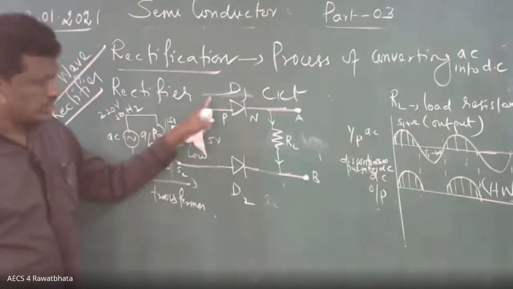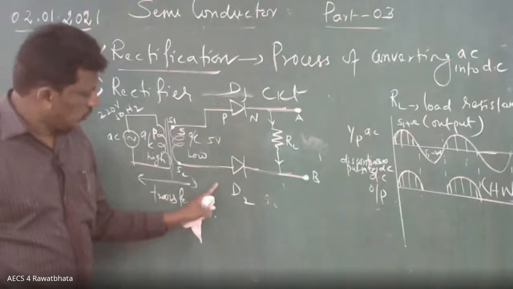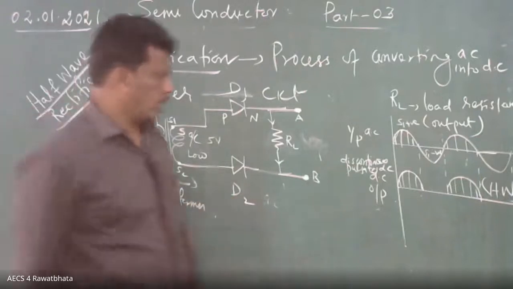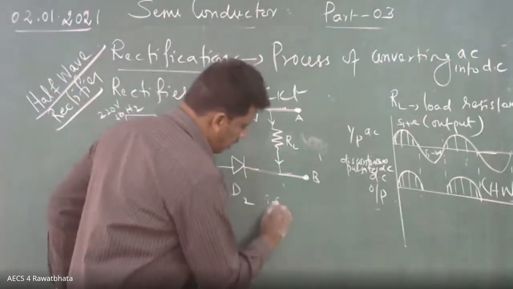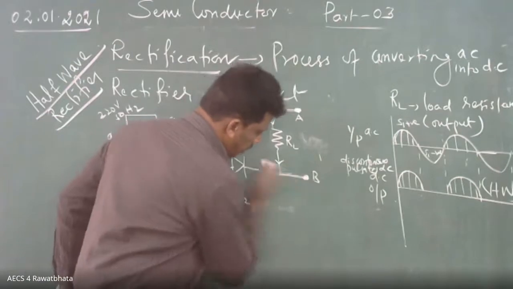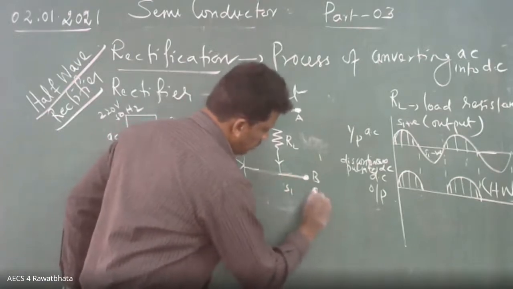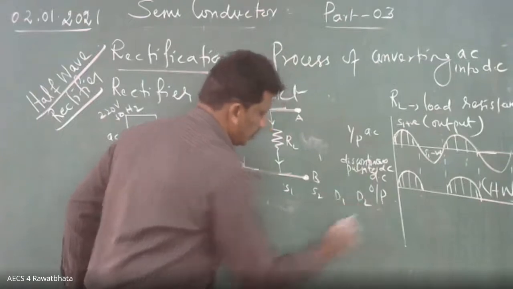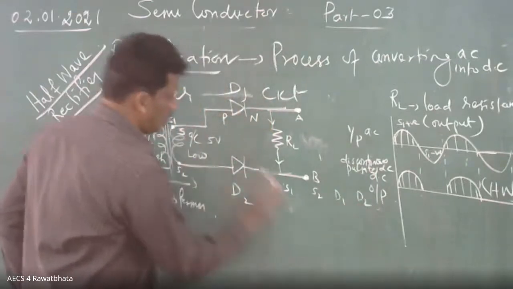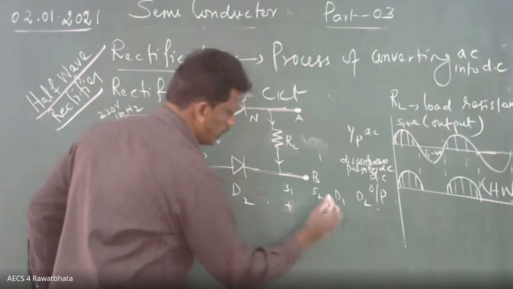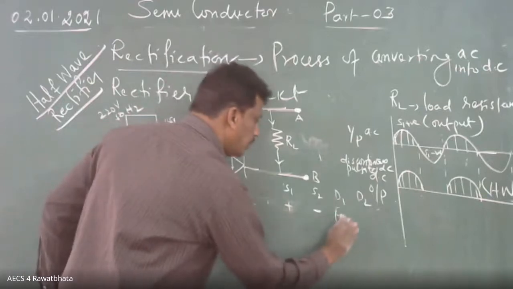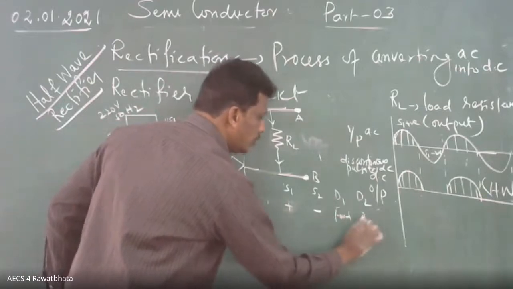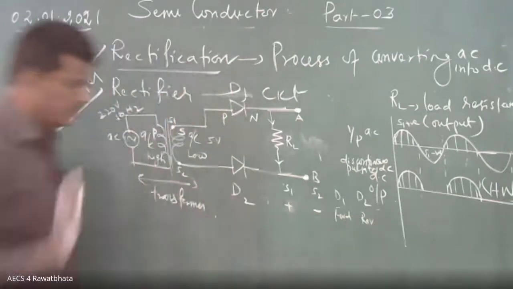S1 positive, S2 negative. Suppose you have S1, S2 here, D1, D2. S1 positive, S2 negative. So D1 is forward, D2 reverse. Understand?